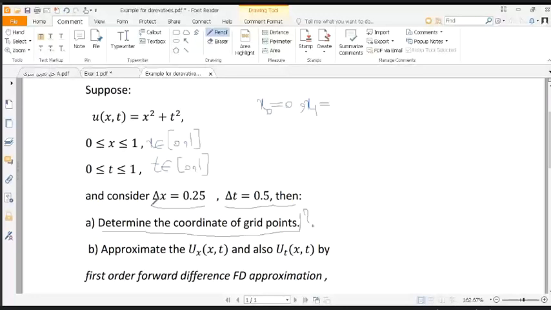The step size for x is 0.25, okay? And then 0 plus 0.25, because the step size for x is 0.25.